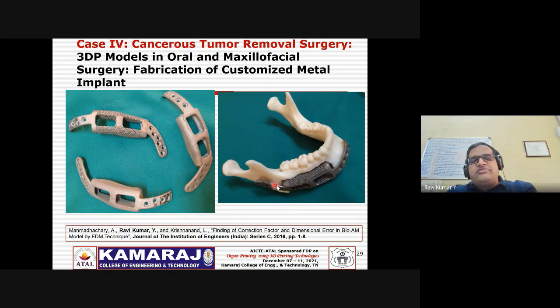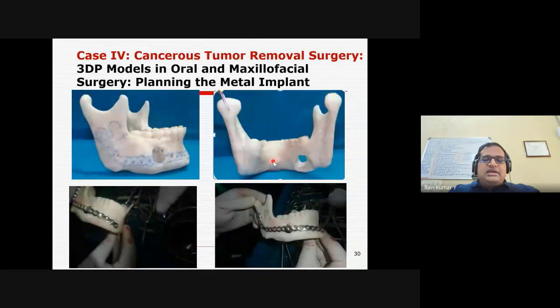Such a free-form structure had never happened. But because of this technology, they could do that, and then they can make use of these models for planning this kind of plates conventionally.